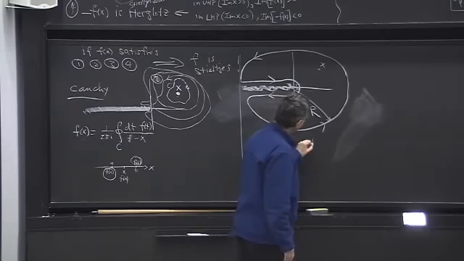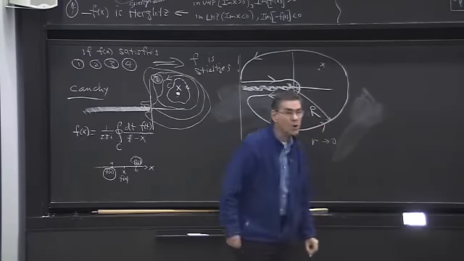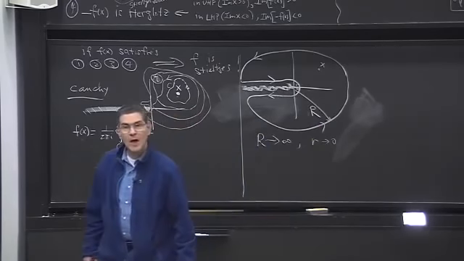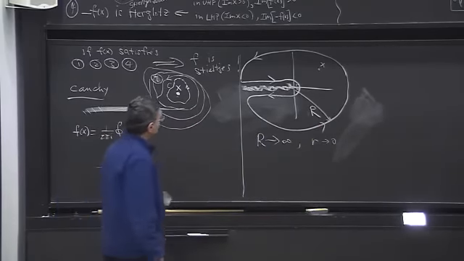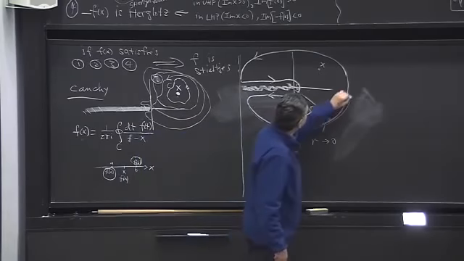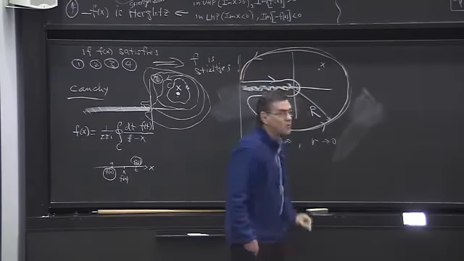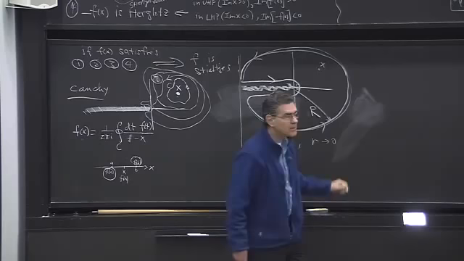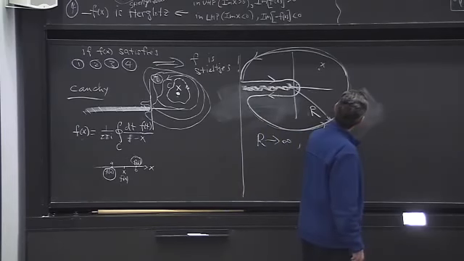And I'm going to make little r very, very small. And what I claim is that the contribution from this part of the contour is going to go to 0. I claim that there's no contribution to the integral as R goes to infinity. The contribution along this part of the contour goes to 0.